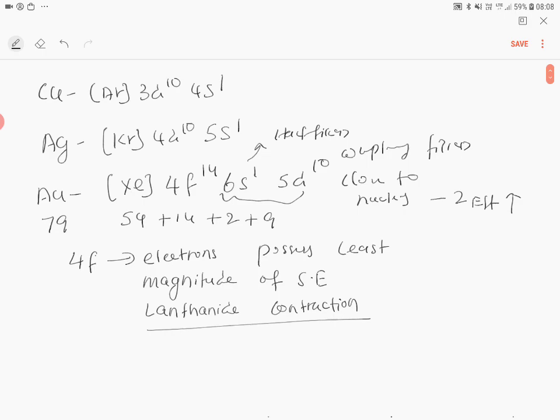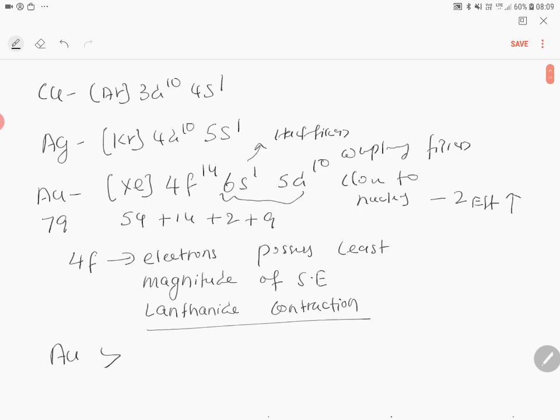How can you remove an electron from such an atom where even the 4f14 is intervening in the electronic repulsion? It is close to the nucleus because of poor shielding by f electrons due to lanthanide contraction. Due to this fact, the ionization energy of gold is highest.